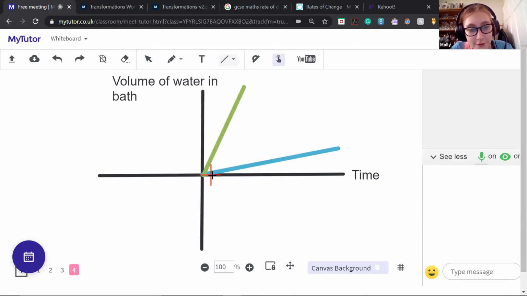Then you see, for that same unit of time, whereas here it's only filled up this much, it's filled up this much here. So a steeper line, one that's kind of closer to the y-axis, always represents a greater or a faster rate of change. It just means how quickly it is changing.